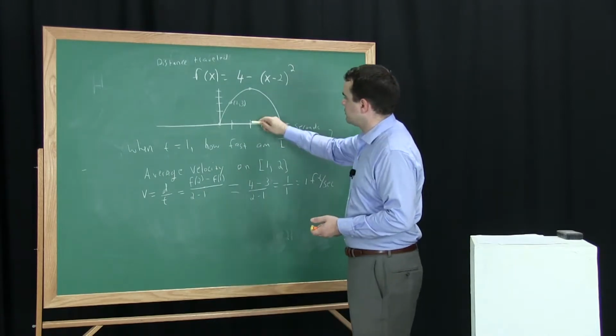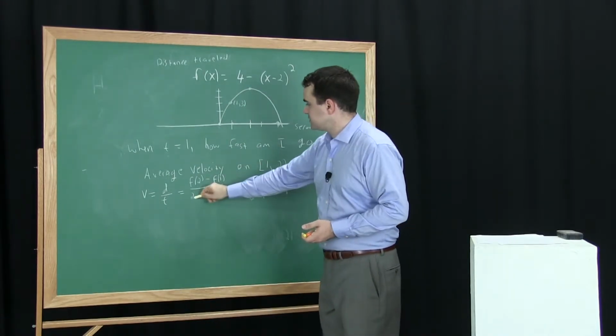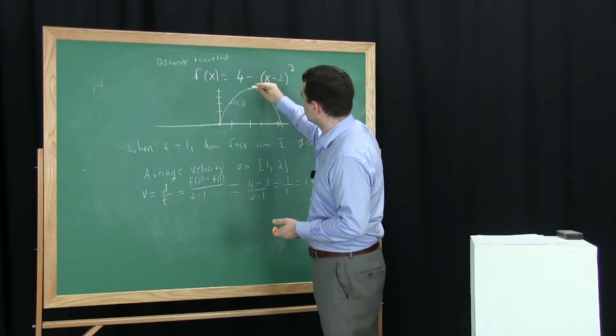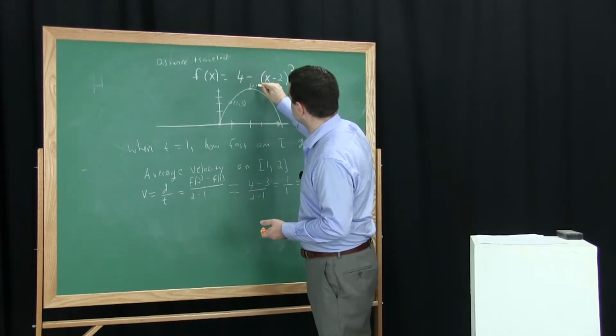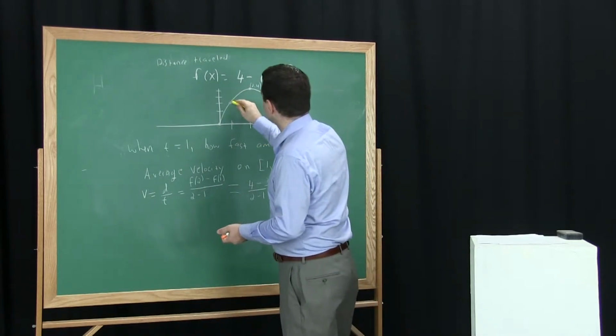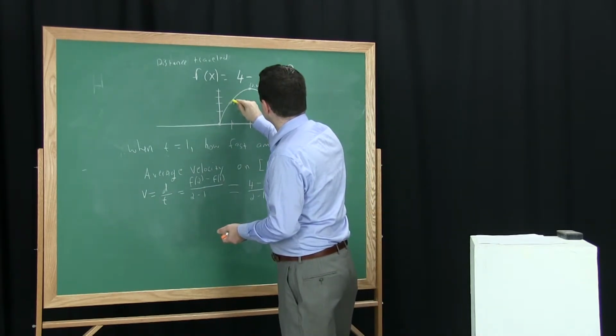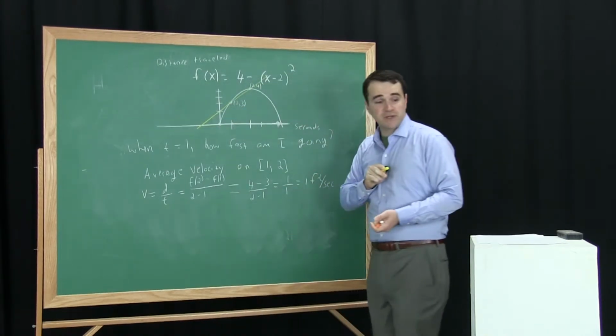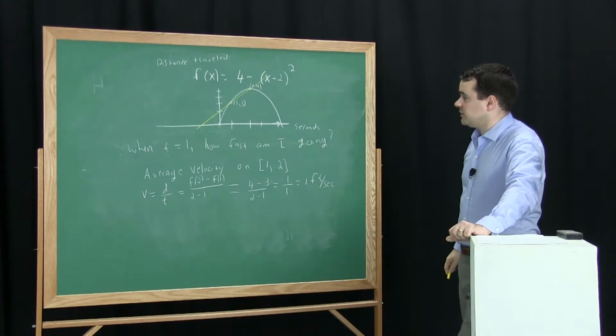And then you look at this point on the graph where t equals 2, and then f of 2 is equal to 4. If you connect those 2 points by a straight line, then you get the yellow line.